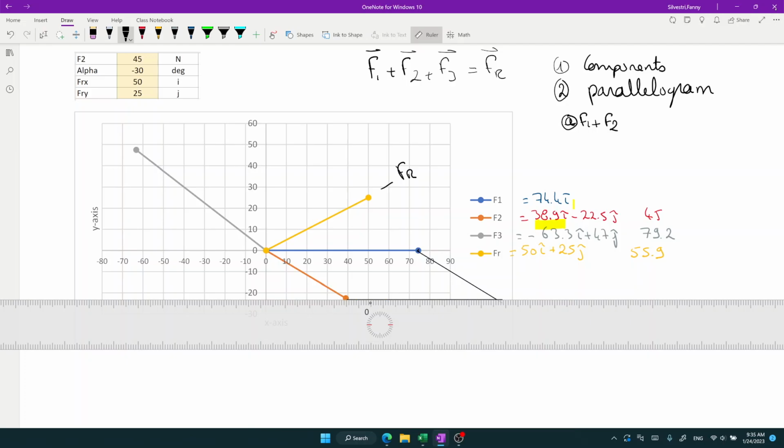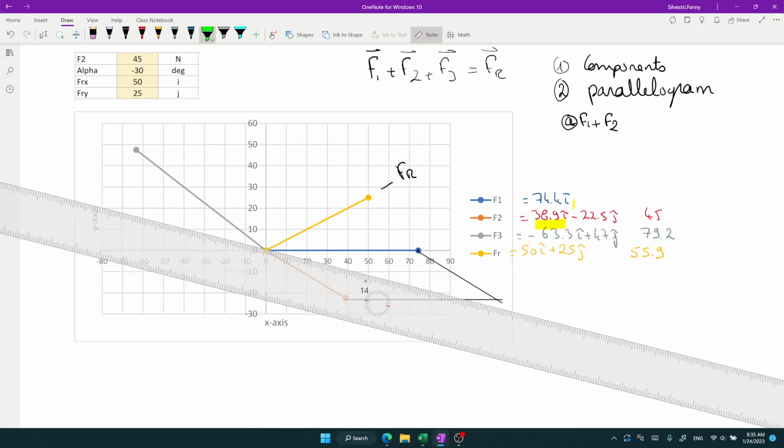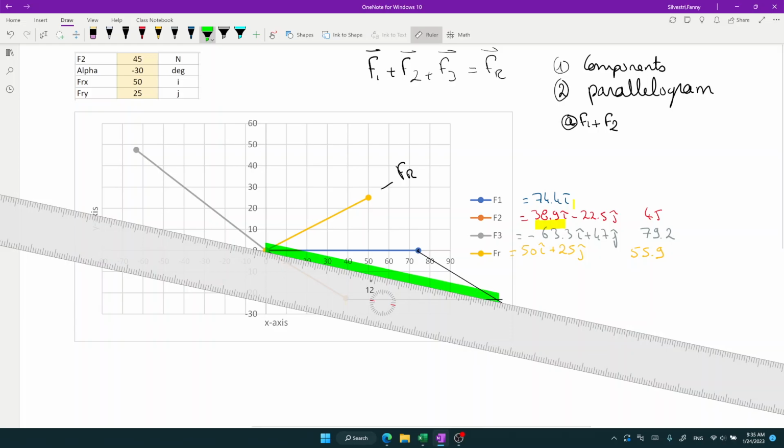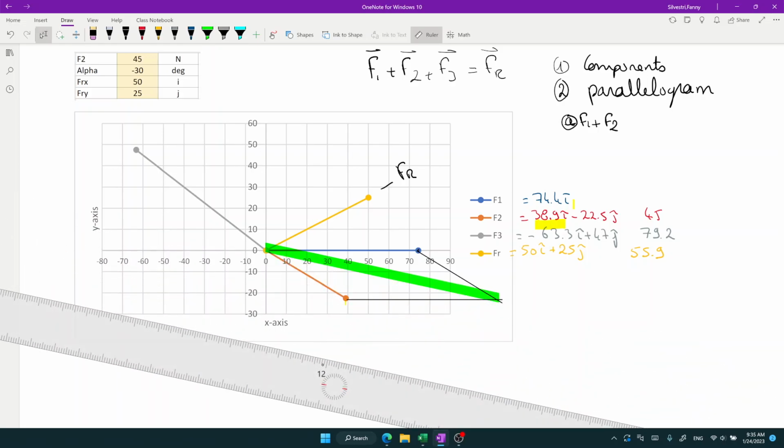Let's make a parallelogram. This vector is F1 plus F2.